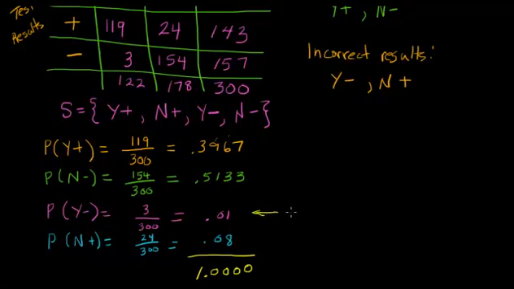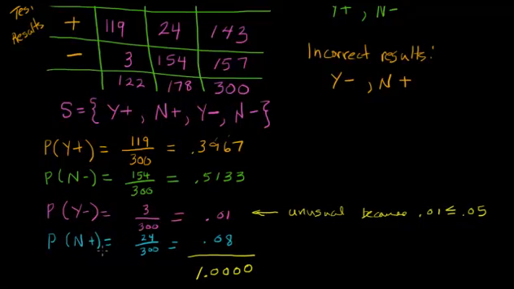This event is unusual because 0.01 is less than or equal to 0.05, and that was our cutoff, the 0.05. So this would be an unusual outcome of this test, that someone did use but tested negative. It didn't show that they used.